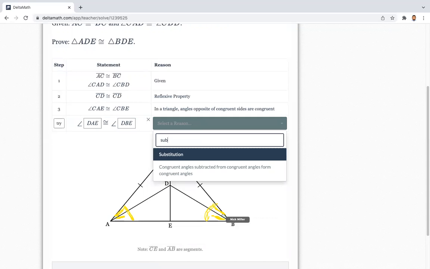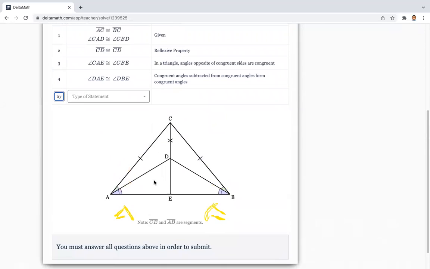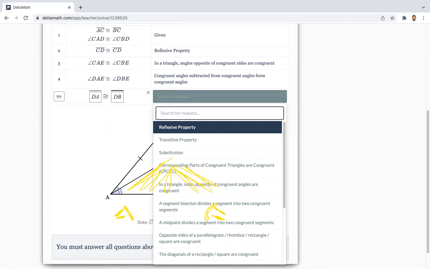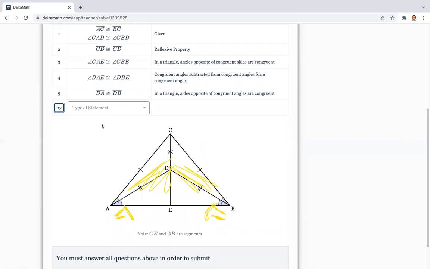So I should be able to say subtraction. Nice. All right, so then that triangle there, this thing, is isosceles. So I can say DA is congruent to DB. Isosceles. Be nice if they used the word isosceles.